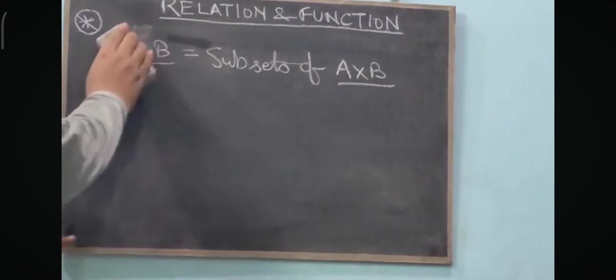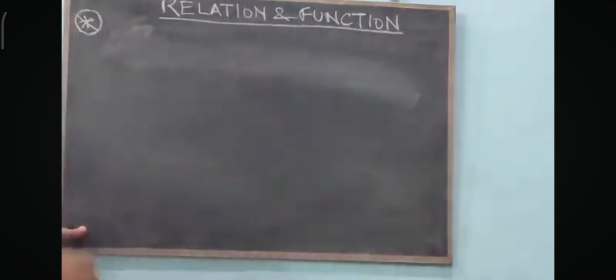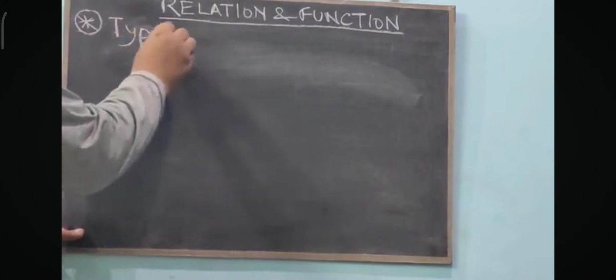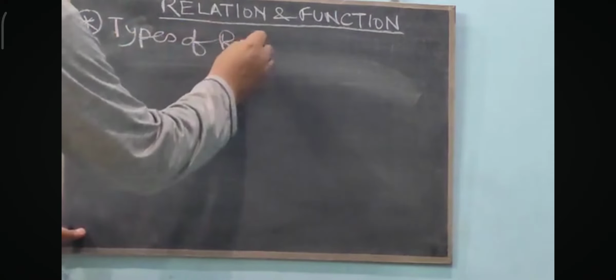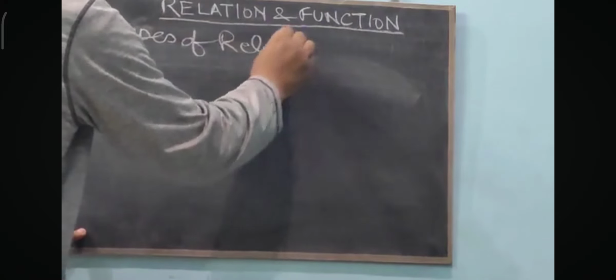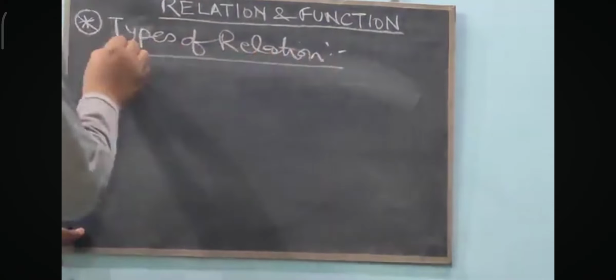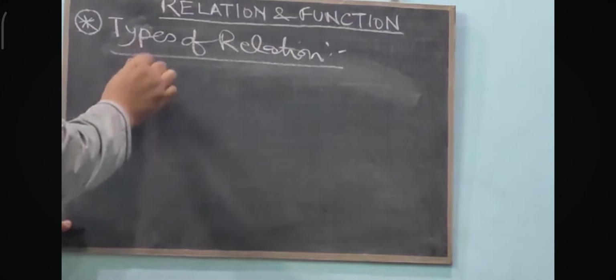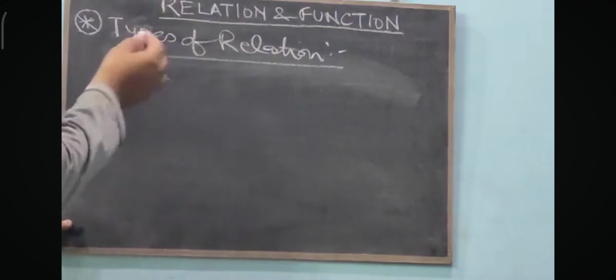Let us see. Now, types of relation. Suppose a relation R or ARB.